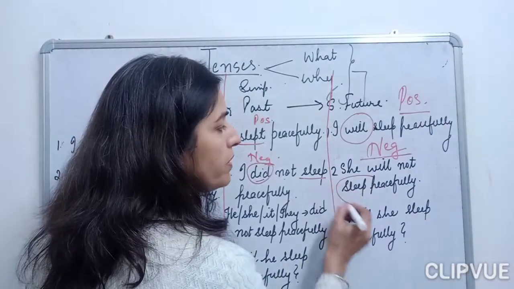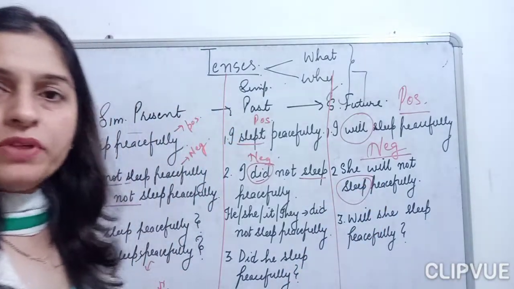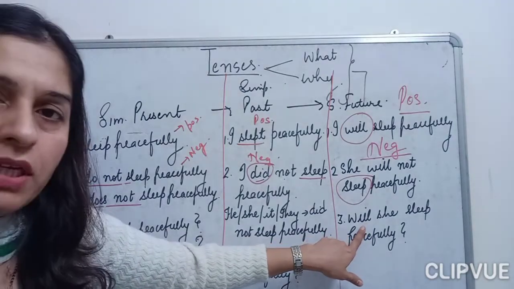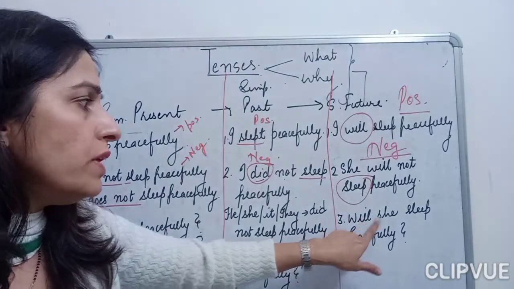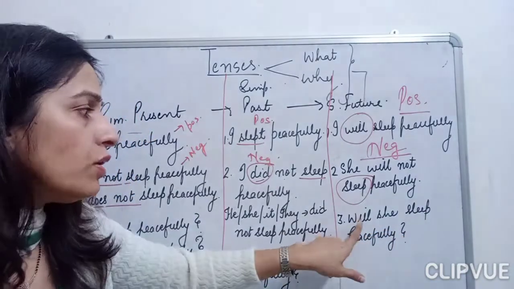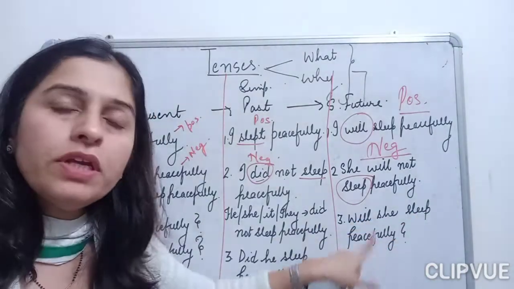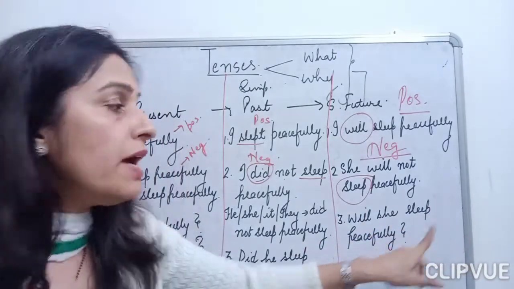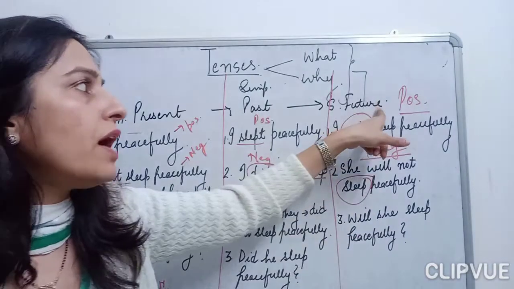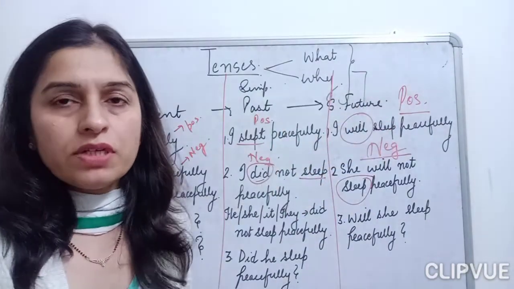Here also we will be using the base form of the verb. Question mark, question, interrogative sentence. Will she sleep peacefully? Okay. No do she sleep peacefully, no did she sleep, no does. It should be will she sleep peacefully, because we are talking about the future tense.